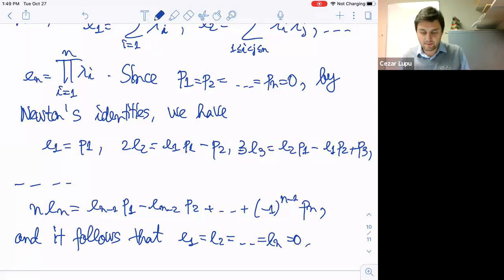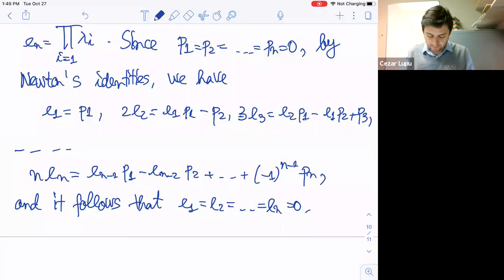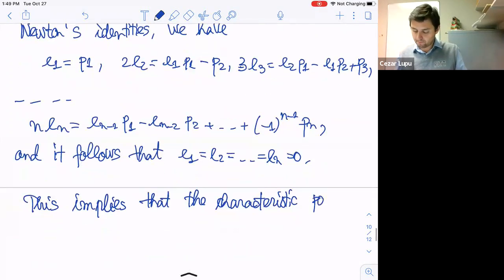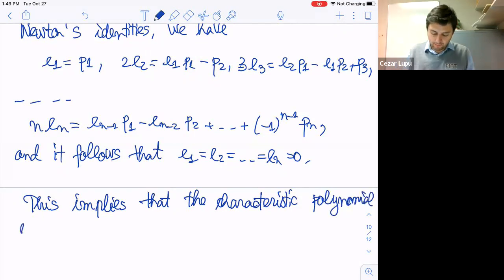This implies that the characteristic polynomial of A, p_A(lambda), is lambda to the power n.